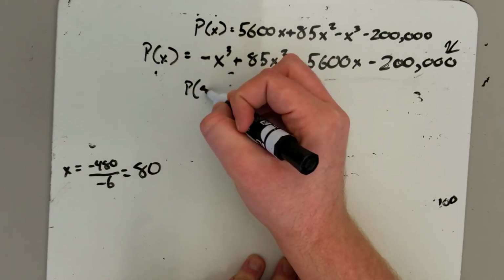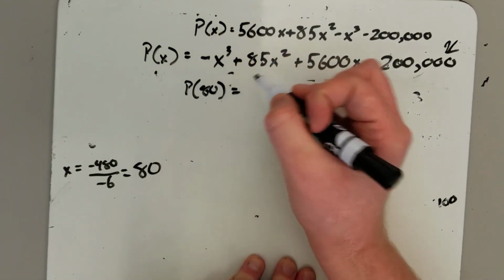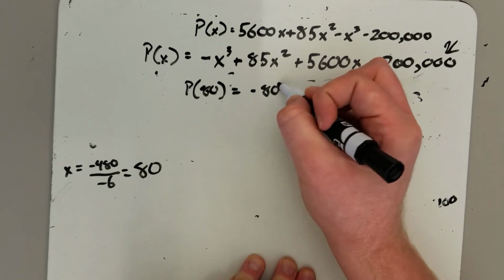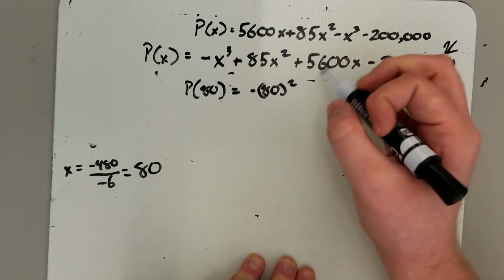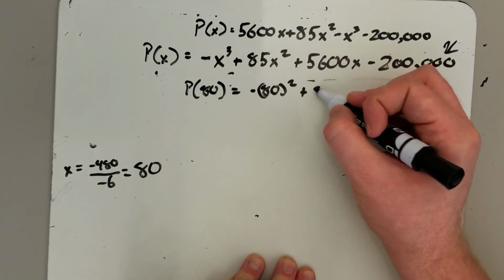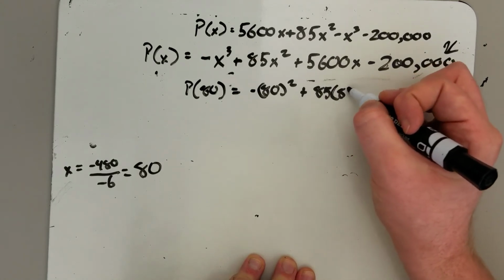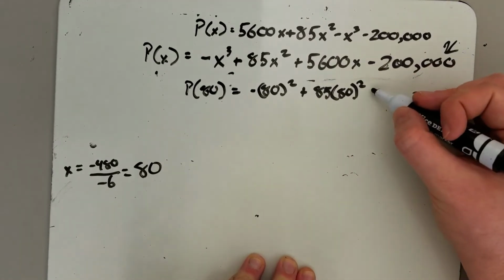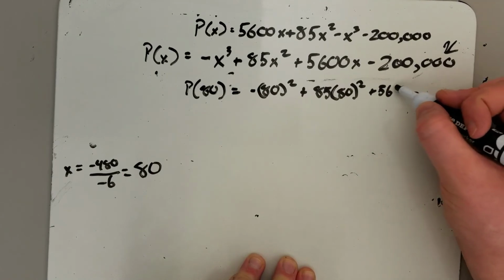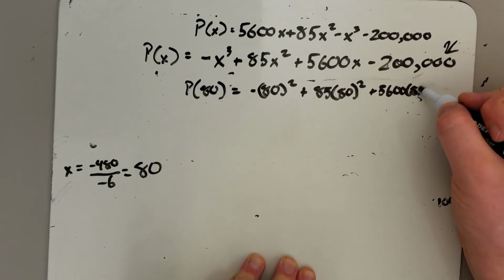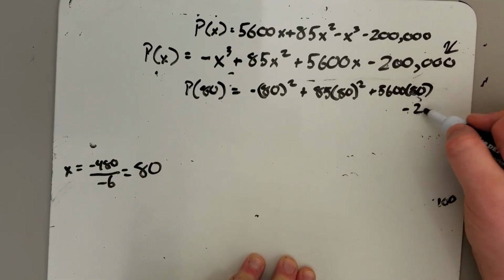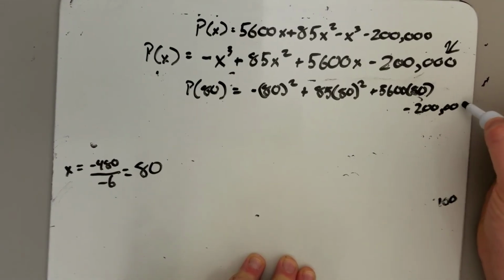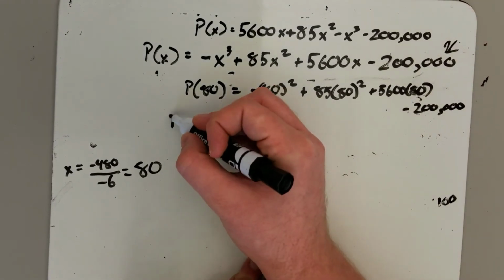P of 80 equals negative 80 cubed plus 85 times 80 squared plus 5 times 80 minus 200,000. I'm going to run out of room, ladies and gentlemen.